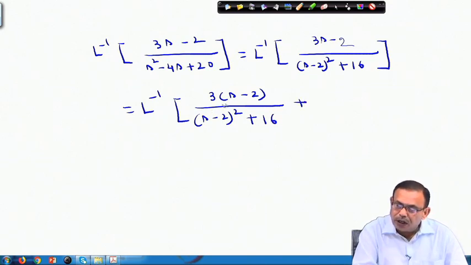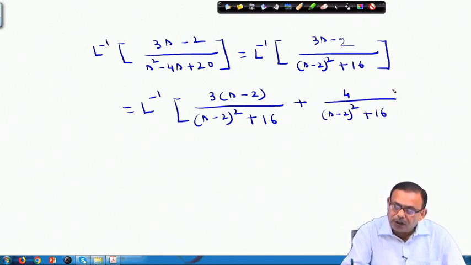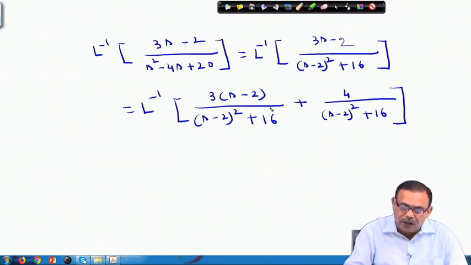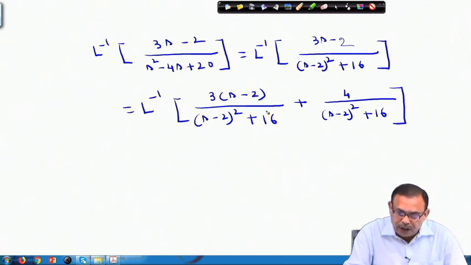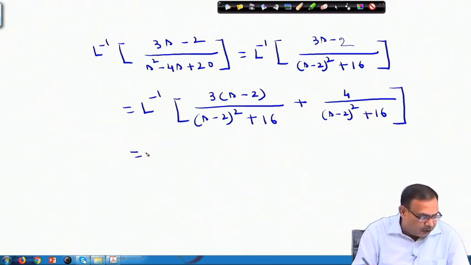So, this was 3s minus 6 I have made, so I have to make plus 4. So, it is s minus 2 whole square plus 16 I can write down. Again this 3 will come outside. So, this will be basically s minus 2 by s minus 2 whole square plus 16. This 4 can go out, so that it will be 1 by s minus 2 whole square plus 16.